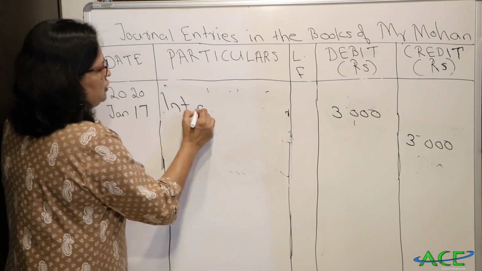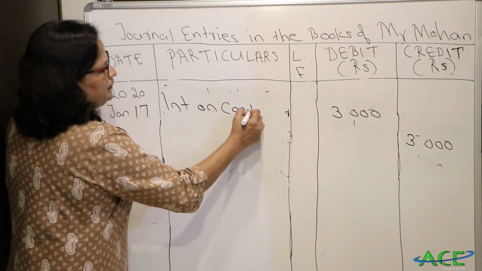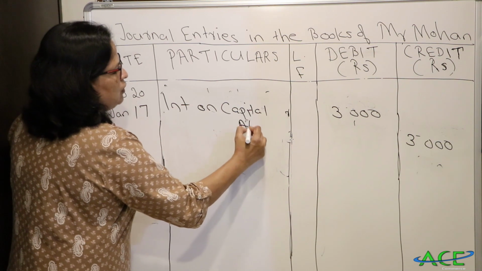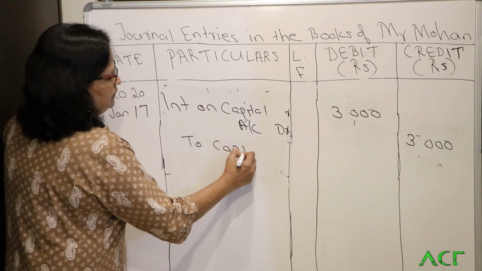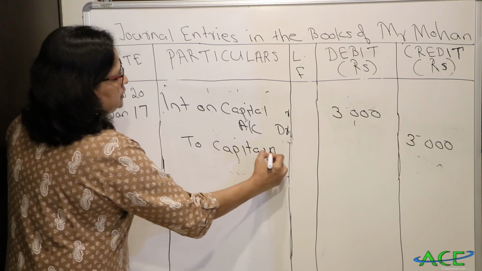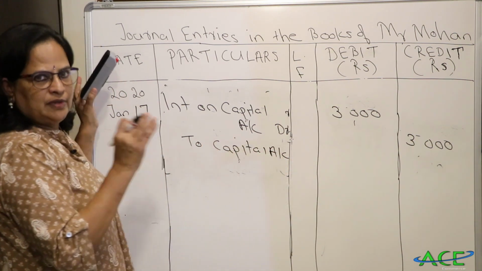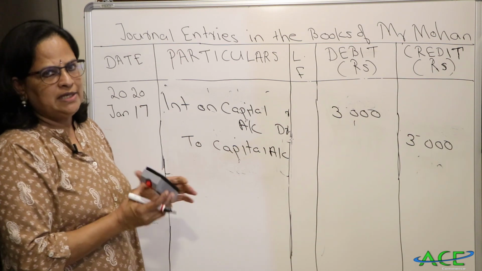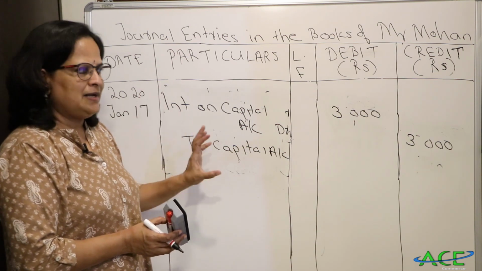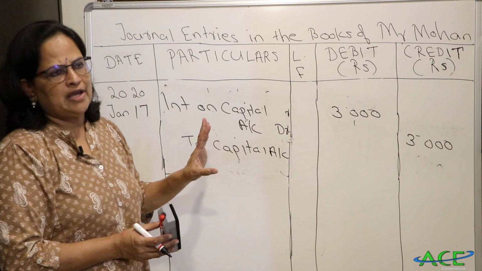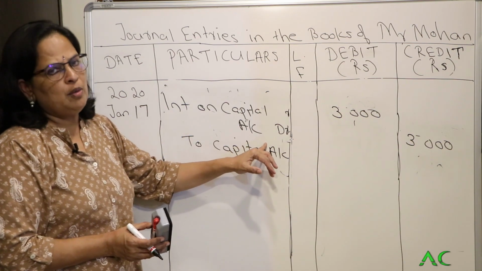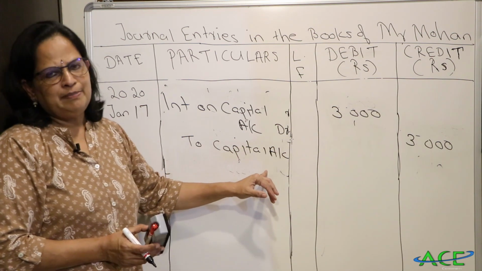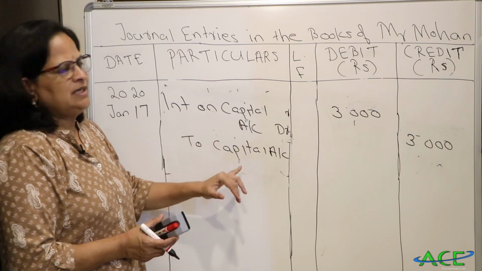So 60,000 into 5 by 100, 3000 you will get. Or sometimes in the problem they will directly say that 3000 is the interest on capital. So this will be the journal entry. Interest on capital is an expense, nominal item, and capital account is a personal account. So this is the journal entry.